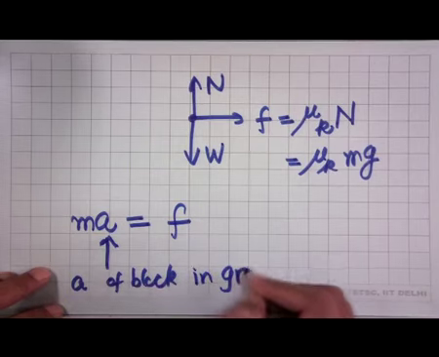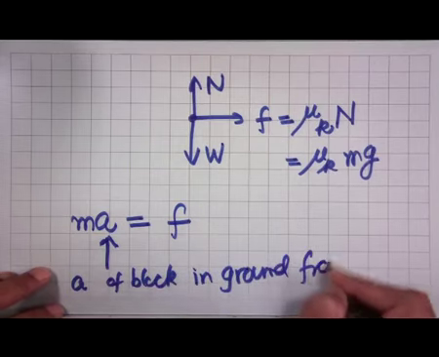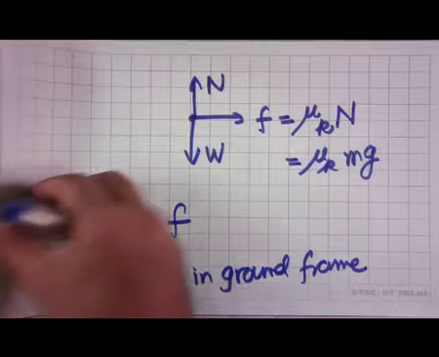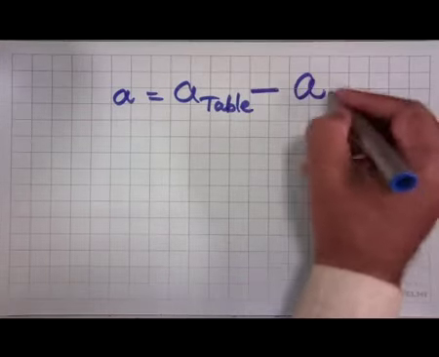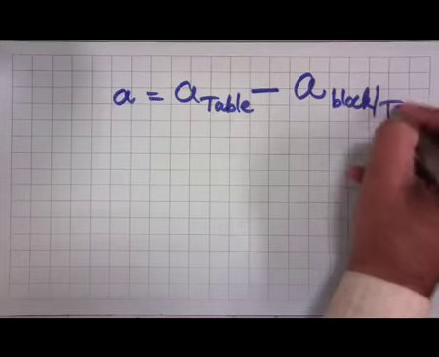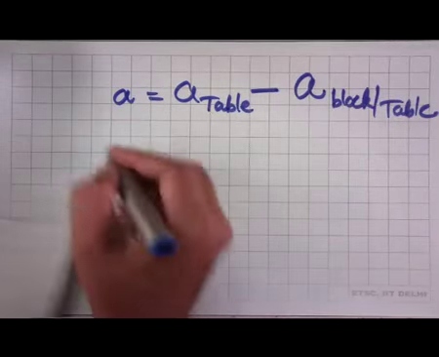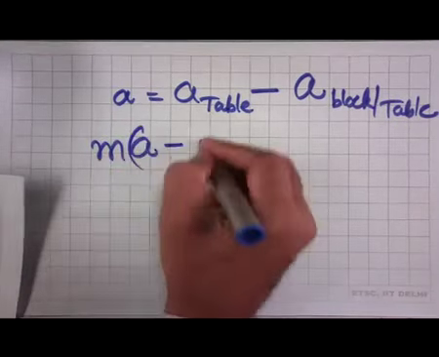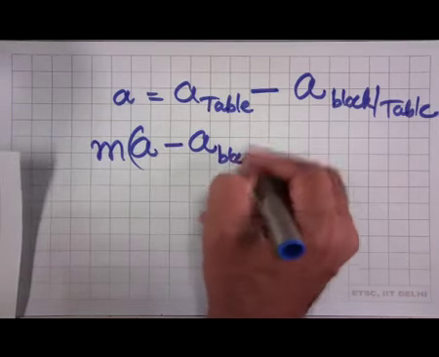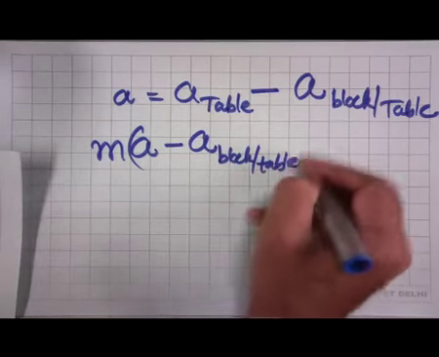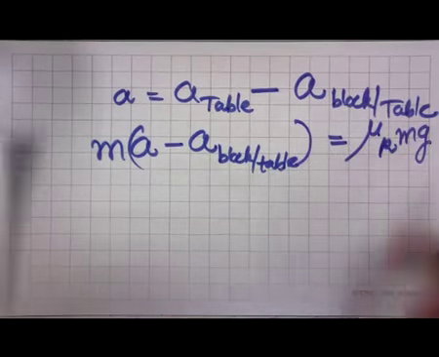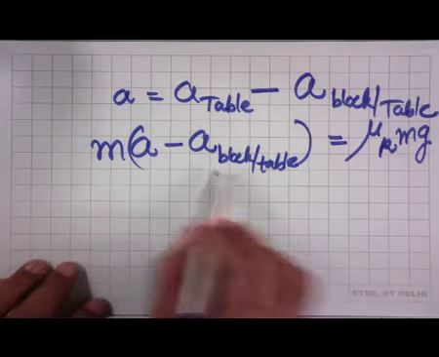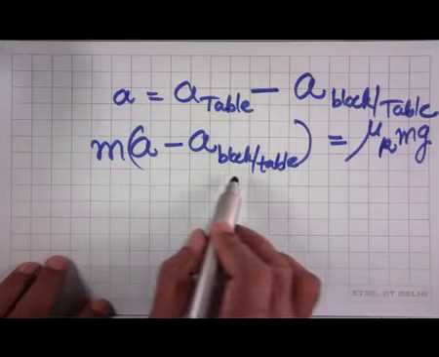in the ground frame. So, therefore, this acceleration A will be equal to acceleration of the table minus acceleration of the block with respect to table. So, we will get m times A minus acceleration of the block with respect to table is equal to mu k times mg, and from here we can work out the value of acceleration of the block with respect to table.